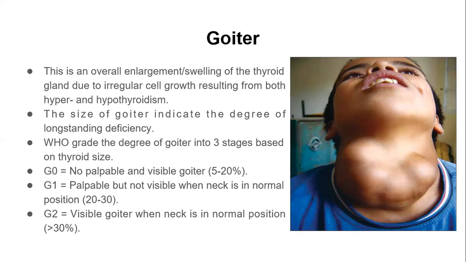So that is the first one, but that deficiency has been established. We also have G1, where you feel there is a kind of enlargement, but when your neck is in a normal position, you cannot see it. At G2, the goiter is visible even when your neck is in a normal position. So this is basically the classification.